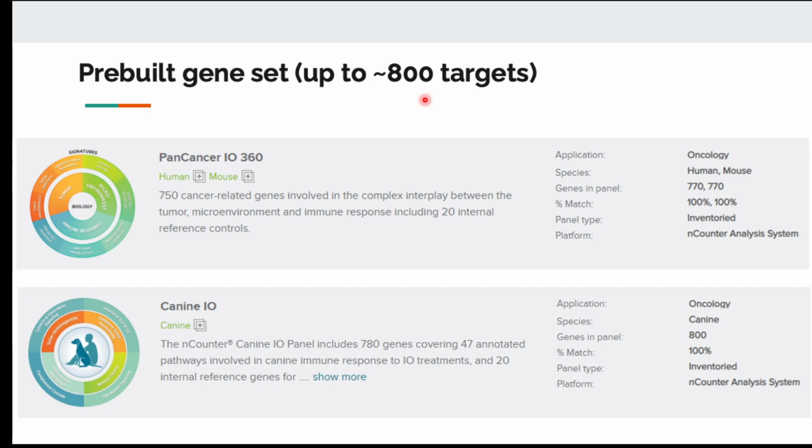And similar to microarray, you're going to be restricted to whichever genes you design the probe for.